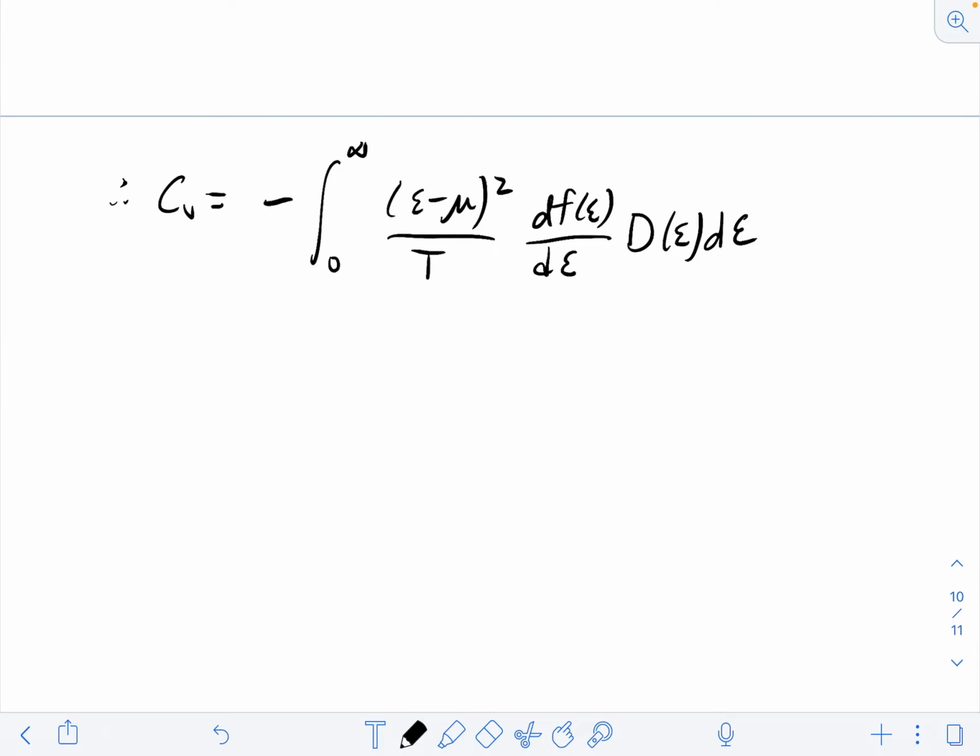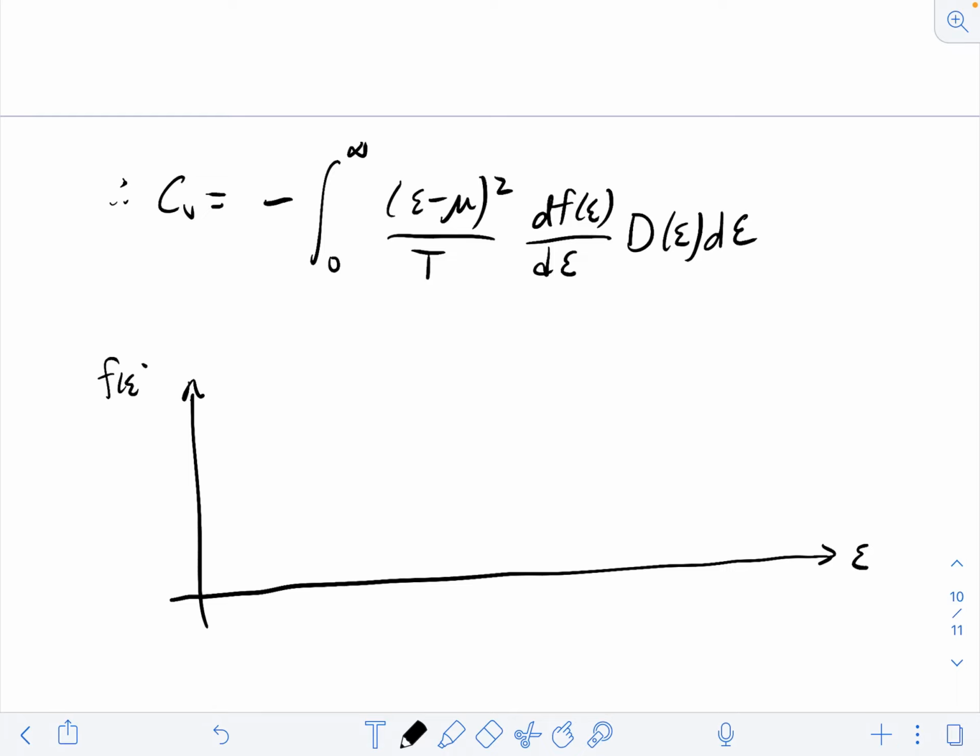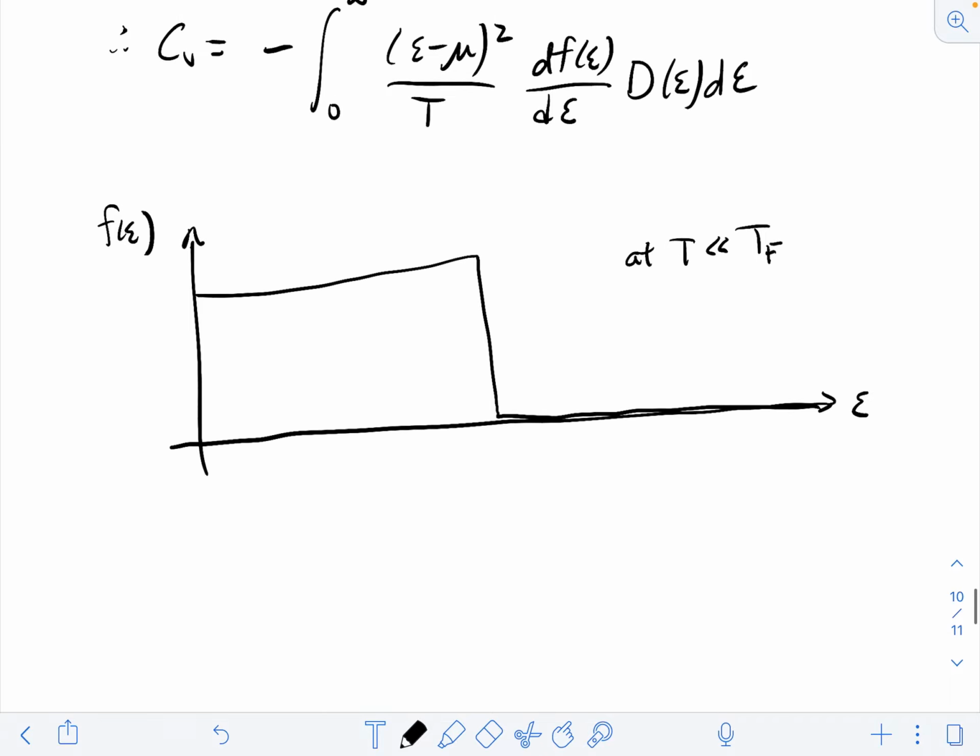So let's think a little bit now. I'm going to draw this picture again that we've drawn a few times. This is the distribution function at low temperatures, so this is at temperature much, much less than the Fermi temperature. Notice that we've got an energy derivative of this distribution function.